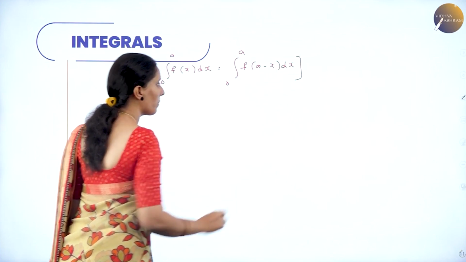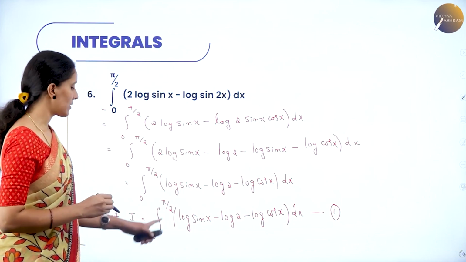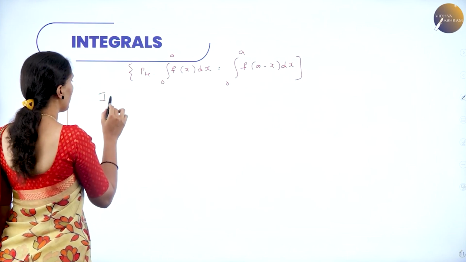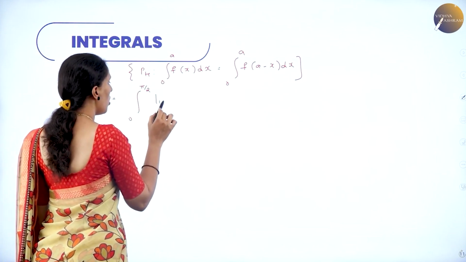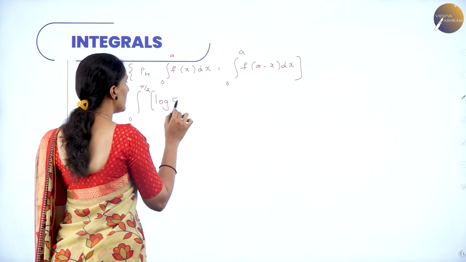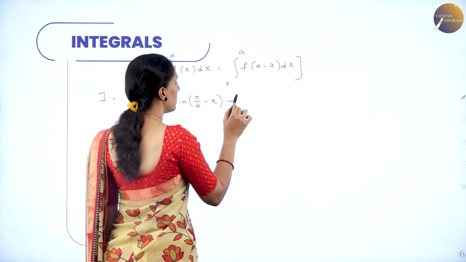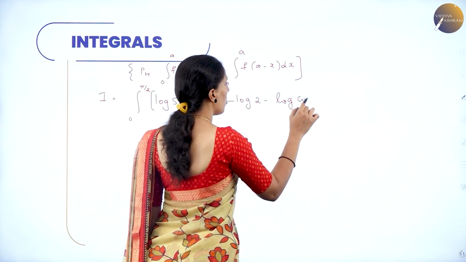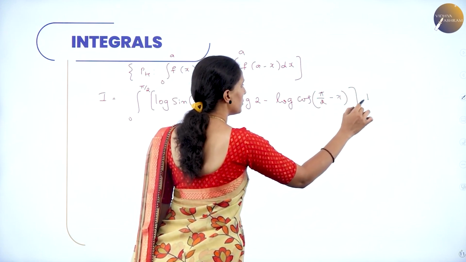So using this property, replace x by pi by 2 minus x because we have the value as pi by 2. So then I is equal to the integral 0 to pi by 2 of log sin pi by 2 minus x minus log 2 minus log cos pi by 2 minus x with respect to x.